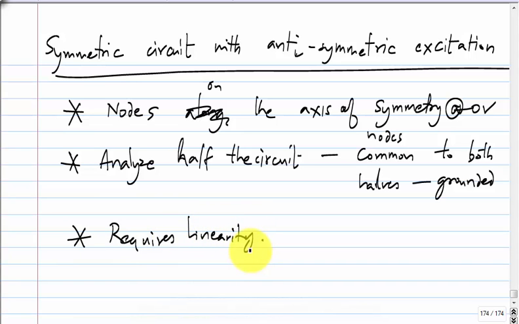Okay. So, when you have a symmetric network, that is the same network connected at some corresponding nodes, then you can either analyze the full circuit with whatever inputs you have, or alternatively you could decompose that into the even mode circuit and the odd mode circuit. That is the effective circuit that results when you have the same excitation on the two sides, symmetric excitation, or when you have antisymmetric excitation.